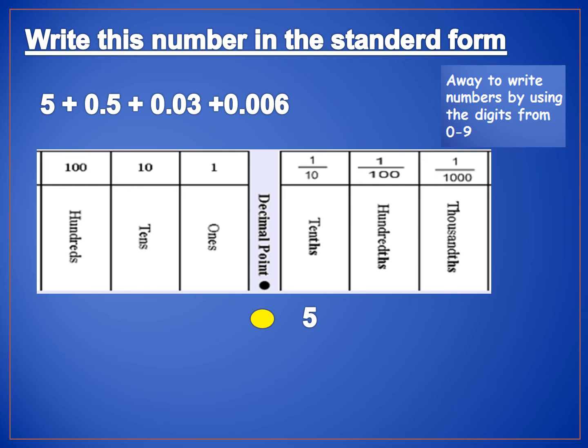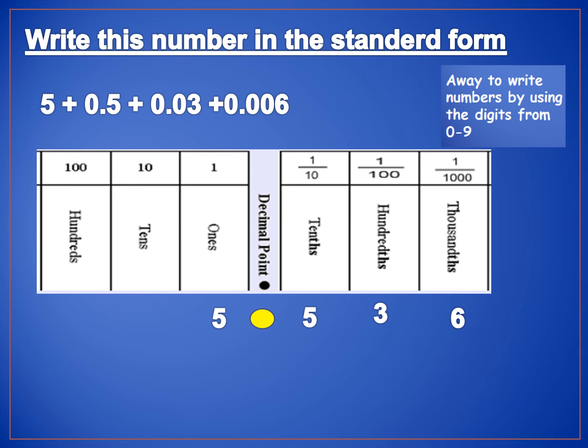Then first we put the decimal point, then put 5 ones exactly, and as I said, 0.03, 3 here means 3 hundredths, you have to put it in the hundredths place, and you have to put 6 thousandths in the thousandths place to be 5.536. So that number now is written in the standard form, which is 5.536.